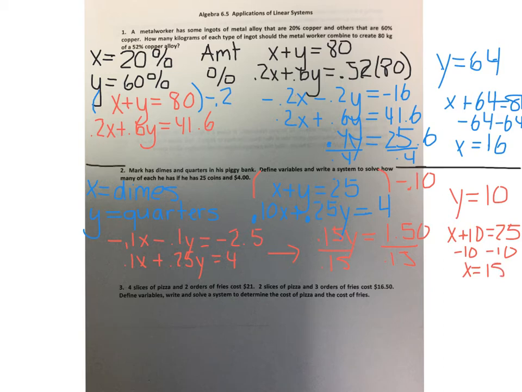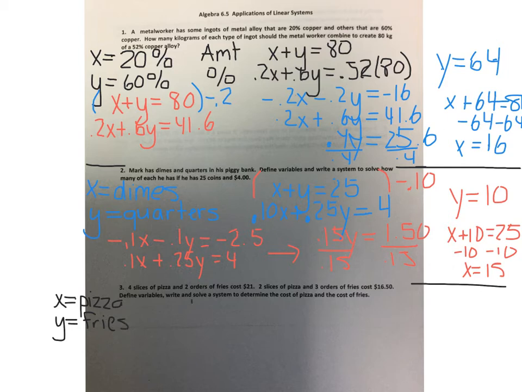Taking a look at the next one, we're going to go ahead and do the same thing. Again, I'm going to say that x stands for the cost of pizza, and y stands for the cost of fries. So this one is a little bit different.